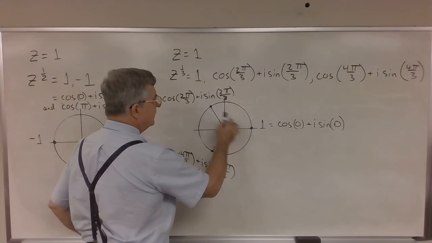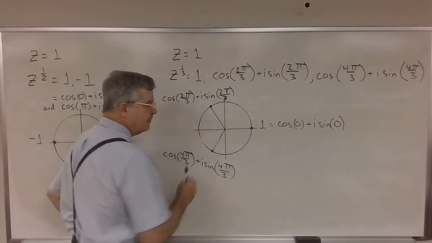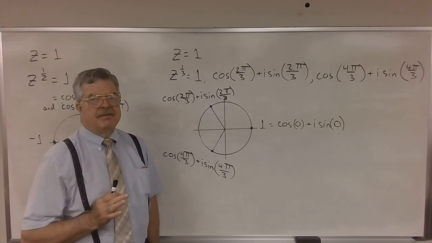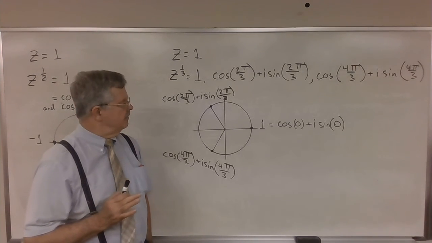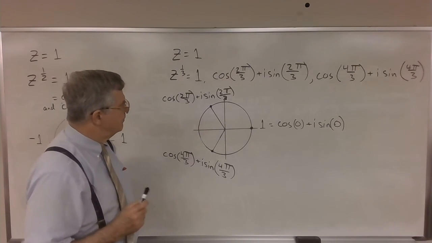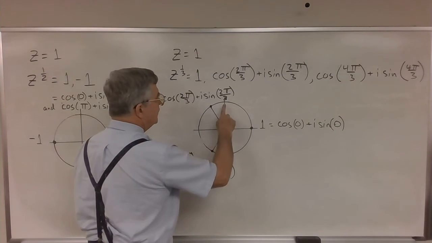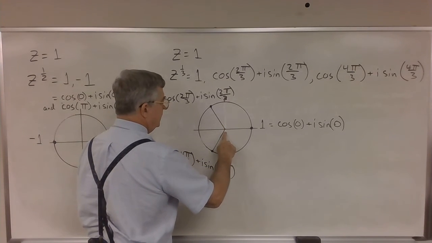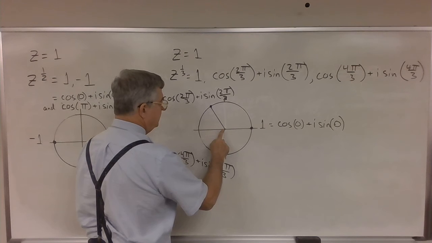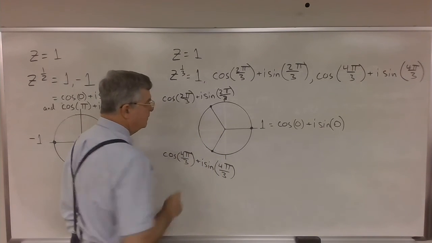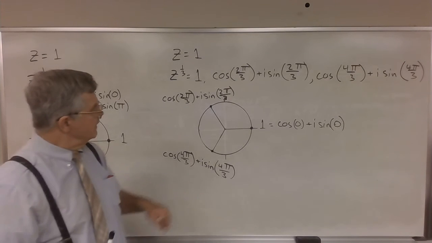These 3 points are equally spaced on the perimeter of the circle. See, if I were to erase that line, and that line, and that line, yep.